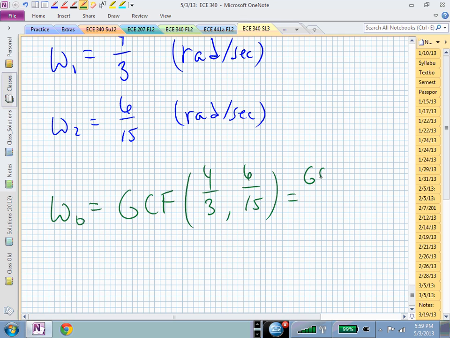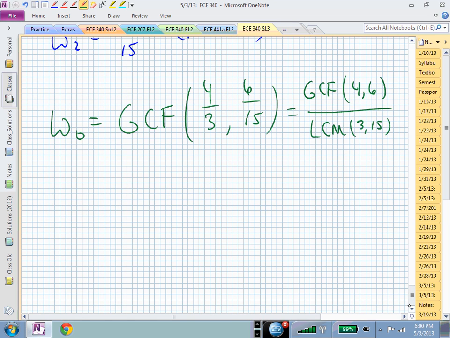Or that's now the greatest common factor of the numerators and the least common multiple of the denominator pieces. So that now for the greatest common factor, we can factor those two pieces.